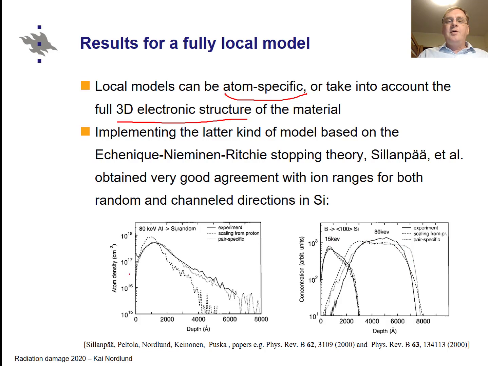So this is a couple of examples for how well the model works in a channeling direction. There are also other groups which have obtained similar results. So the short message here is just that it's possible to describe the electronic stopping in channeling conditions quite well with these local models.